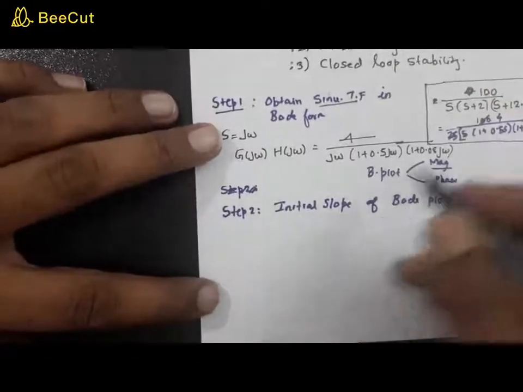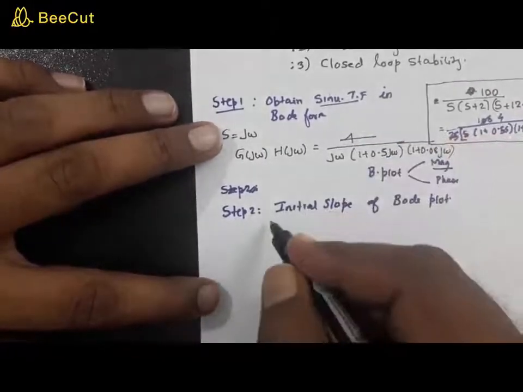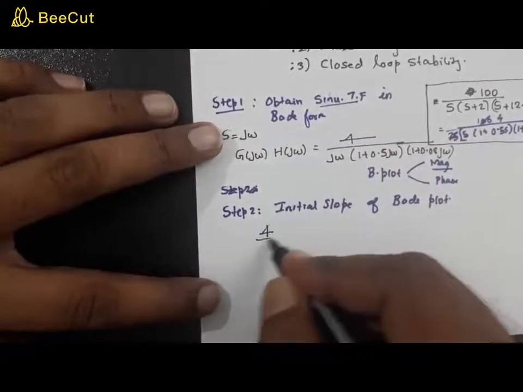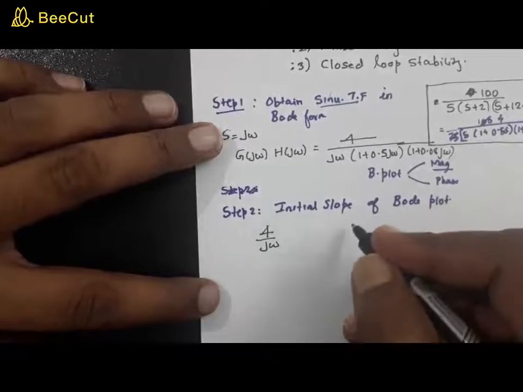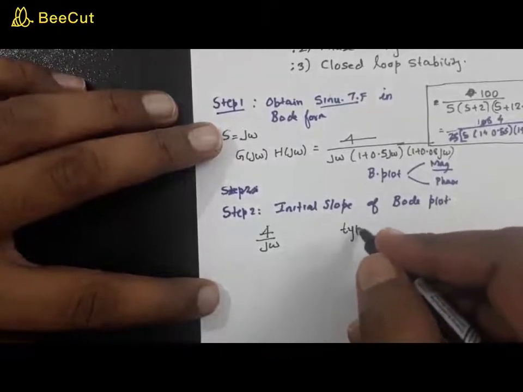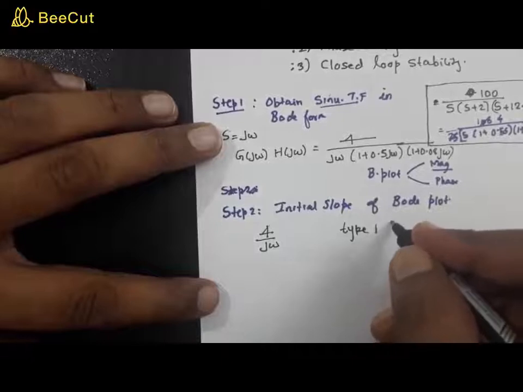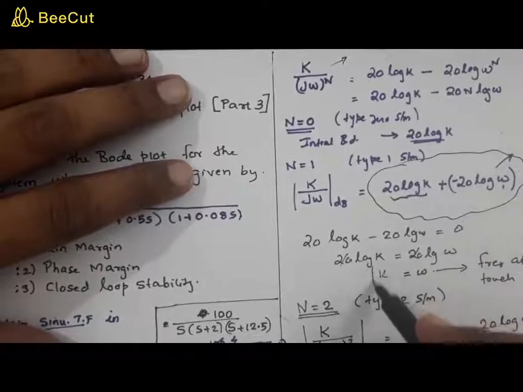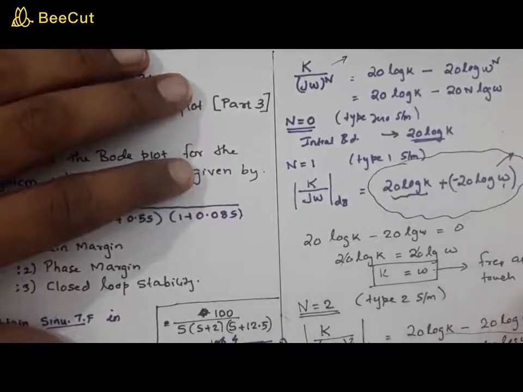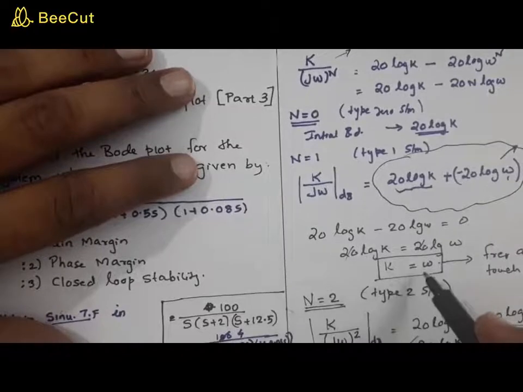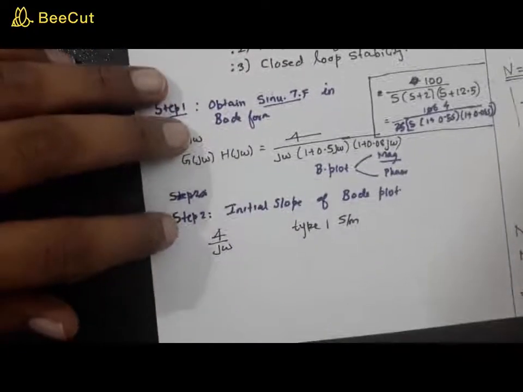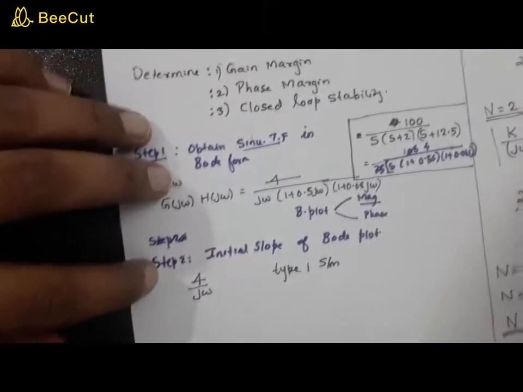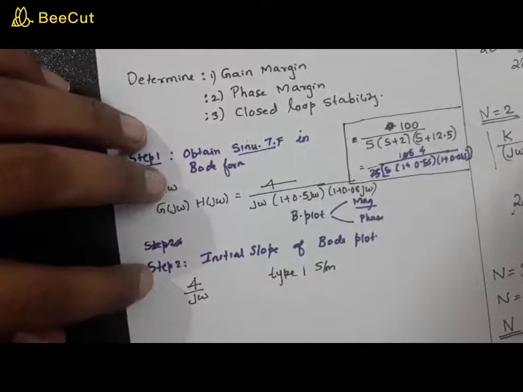In this question, the initial slope is determined by 4 by j omega. The first thing is to count that it is a type 1 system. We have already seen that in a type 1 system, the frequency at which k by j omega meets the 0 dB line is k is equal to omega.